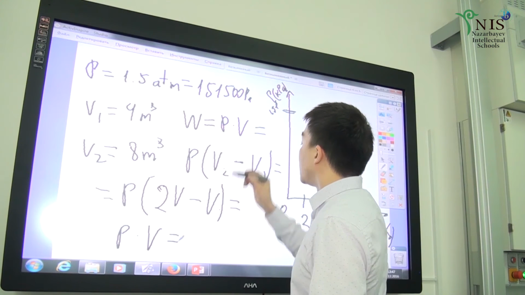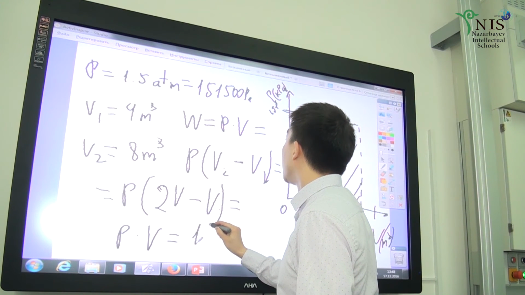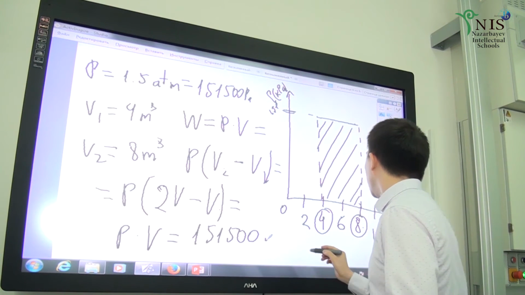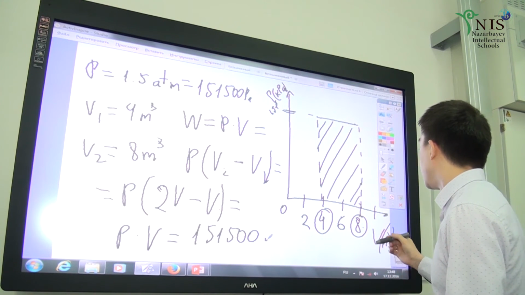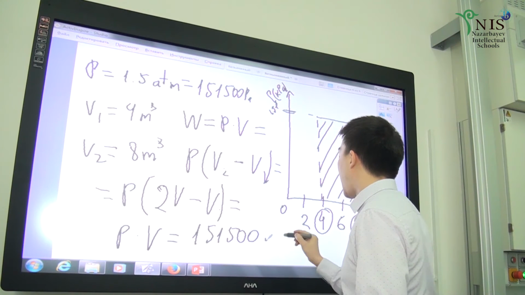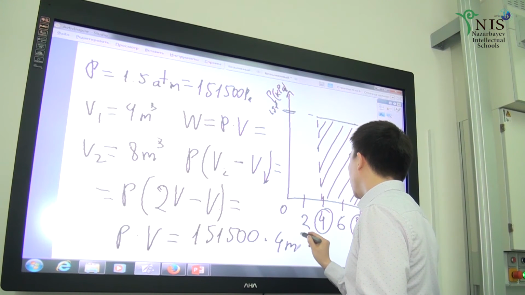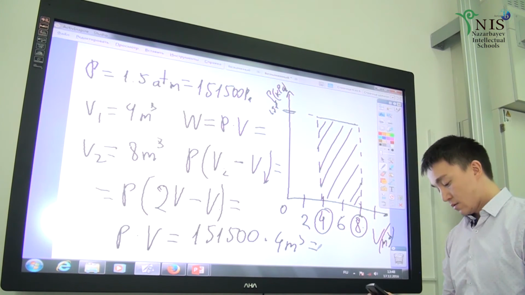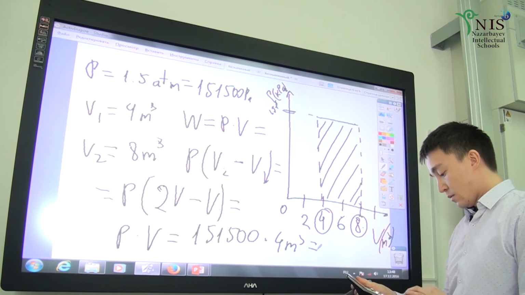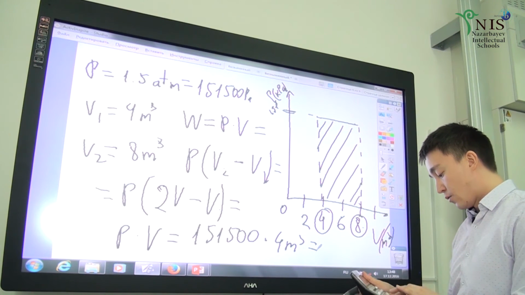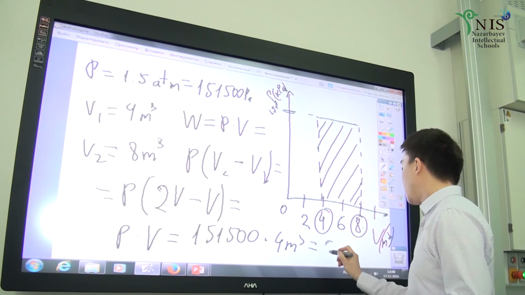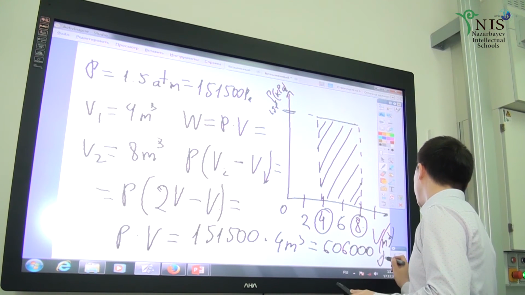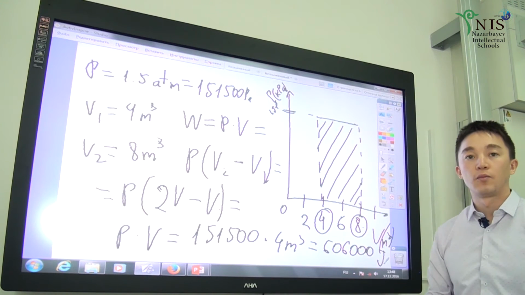Pressure equal to 151,500 Pascal multiplied by the volume. After subtraction, we will have 4 meter cube. And let's calculate. Multiplied by 4 meter cube, it's equal to 406,000 joules. It's the result of our problem.